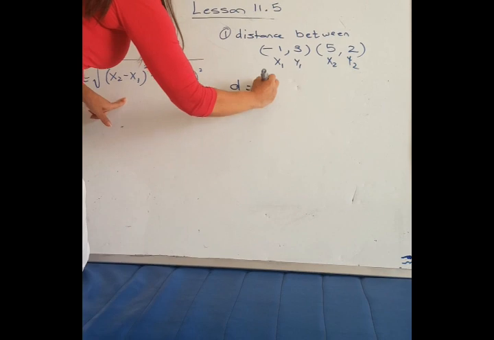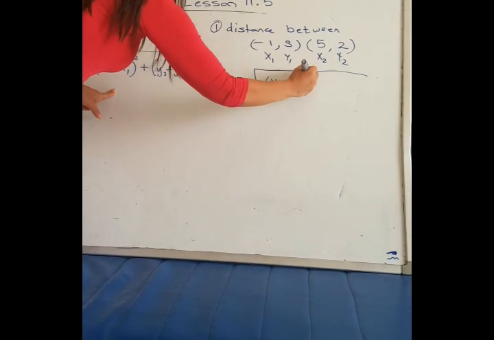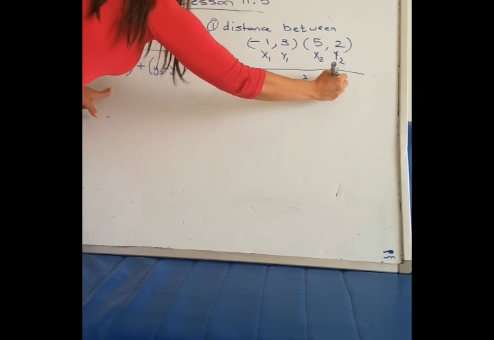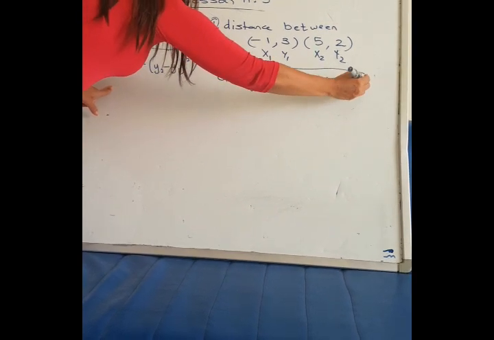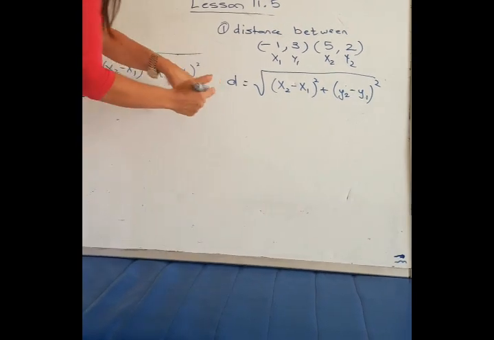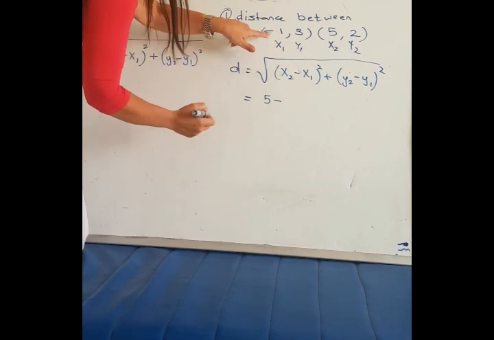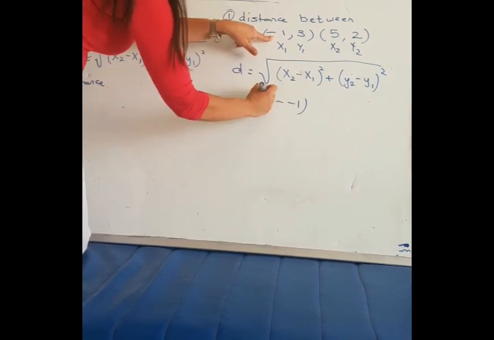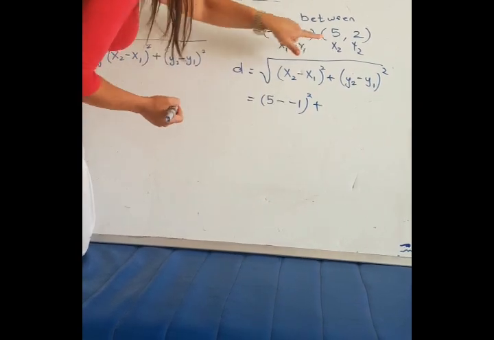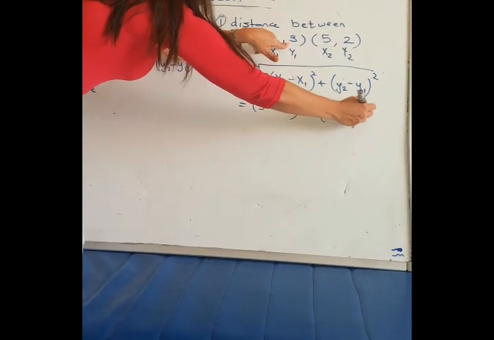D is equal to radical x2 minus x1 to the second power plus y2 minus y1 to the second power. I just substitute: x2 is 5 minus -1 to the second power plus, what's y2? 2 minus 3 to the second power.